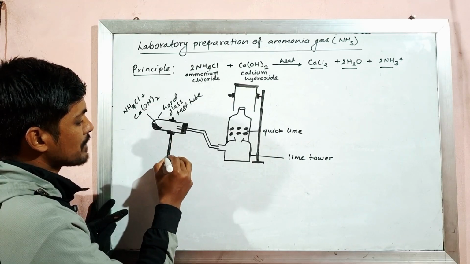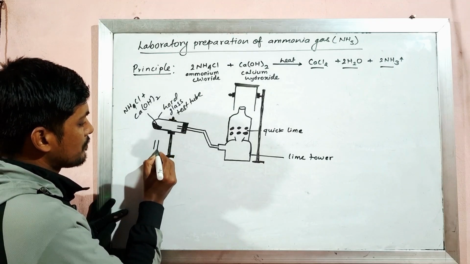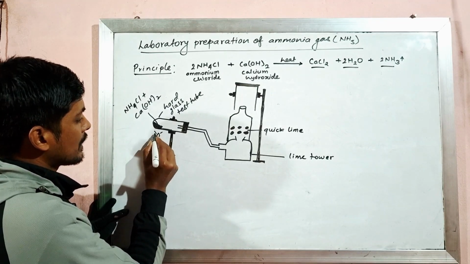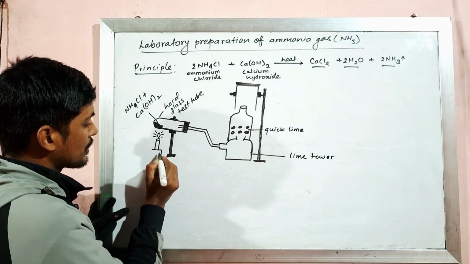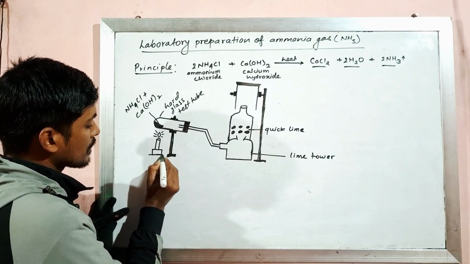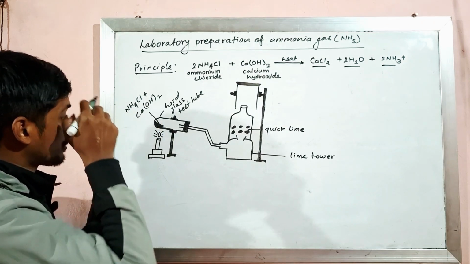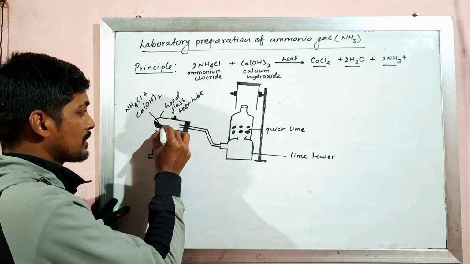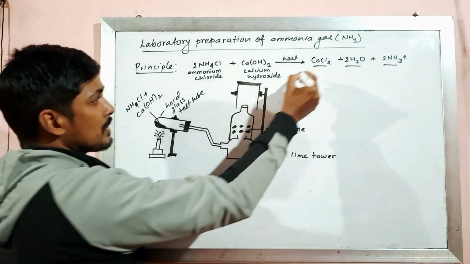heat to this mixture. Whenever we supply heat to this mixture of ammonium chloride and calcium hydroxide with the help of a Bunsen burner, then the ammonium chloride and calcium hydroxide start to react with each other, and due to the reaction, what happens?